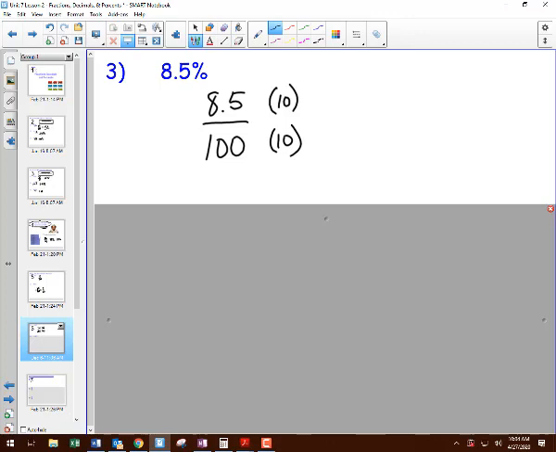When you do something like this, whatever you do to the top, you have to do to the bottom by the same number. That's going to get rid of that decimal point there for us. And if you remember, we want this in a fraction form. Now we have to reduce. I'm going to reduce by 5 again, and I'm going to get 17 over 200.